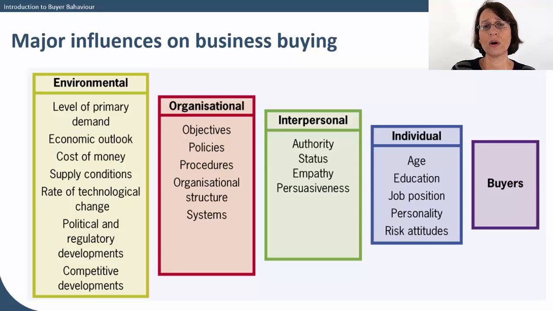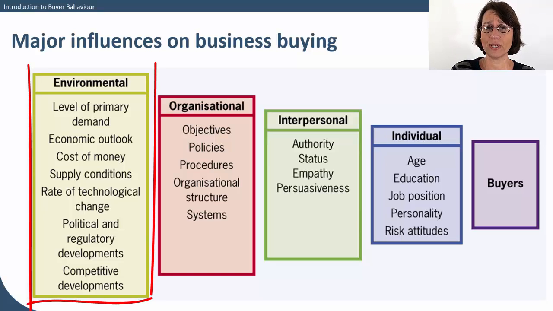There are a lot of influences on business buying, and starting from the left-hand side, we've got a lot of environmental influences, such as the cost of money, what's going on from a technological viewpoint, what's going on in the PESTLE environment, to do with the economy, what's going on with competition. That will affect a business decision to buy.